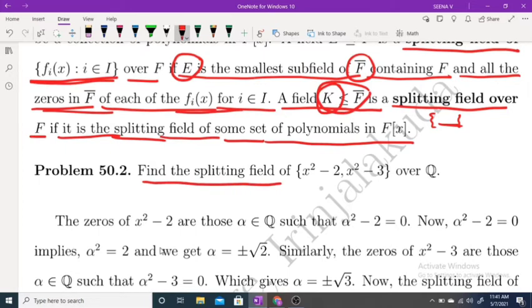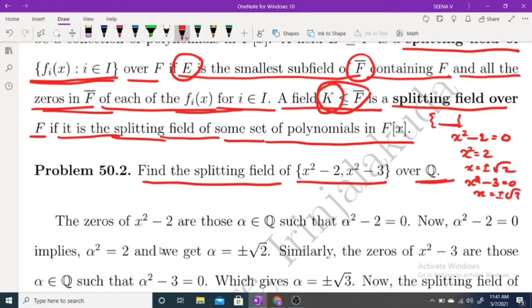Find the splitting field of this set of polynomials over Q. First we have to find the roots of these polynomials. x squared minus 2 equal to 0 implies x squared equal to 2, so x equal to plus or minus root 2. Similarly, x squared minus 3 equal to 0 implies x equal to plus or minus root 3.